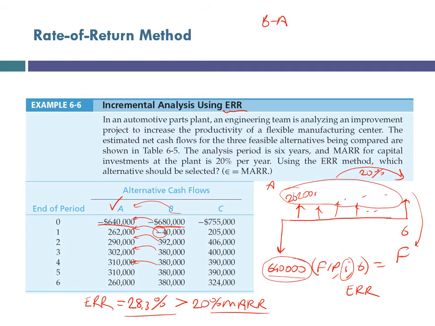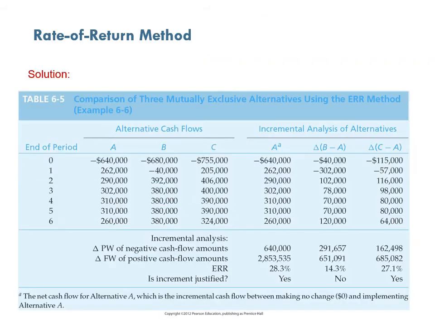At year 1, still for B, we need to do some spendings, and we subtract from the cash flow of B the values of A. And with the obtained cash flow diagram, we will calculate its ERR, and if the ERR is greater than MAR, we accept the increment, otherwise we reject.